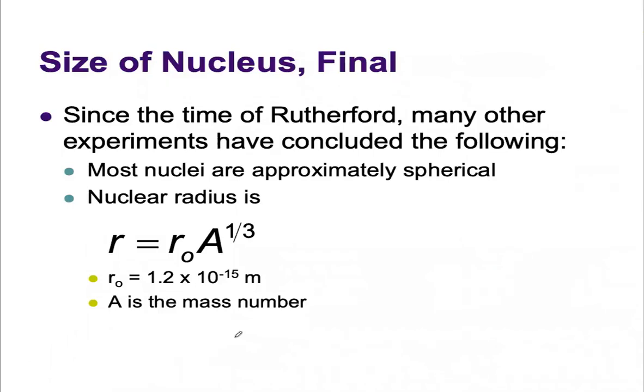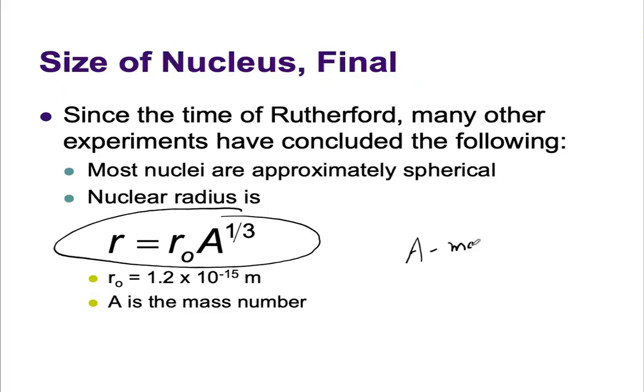The size of the nucleus we generally find out with this relation: the nuclear radius is equal to R0 A^(1/3), where A is known as the mass number. We will try one or two numericals related to this. And this R0 is the standard value or the average radius of a stable nucleus.